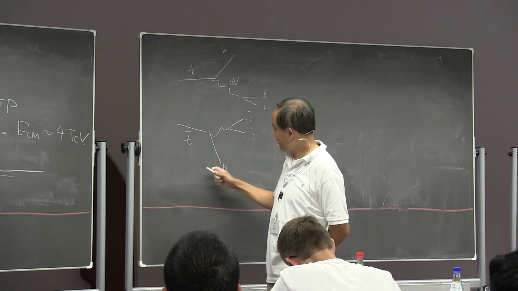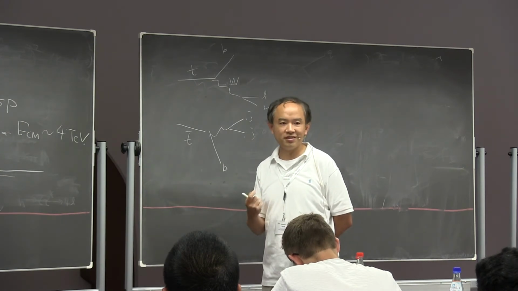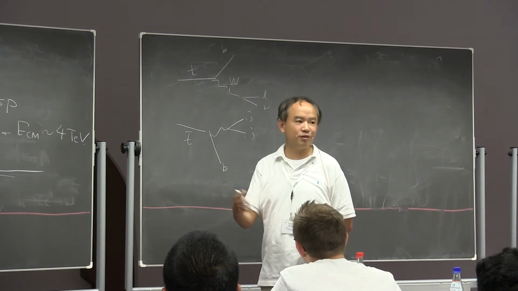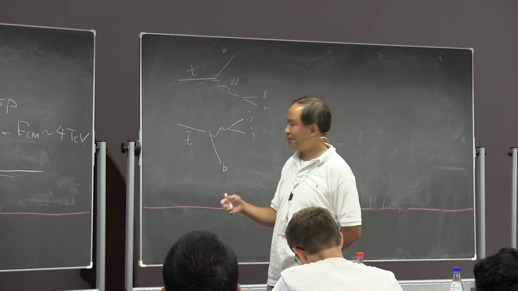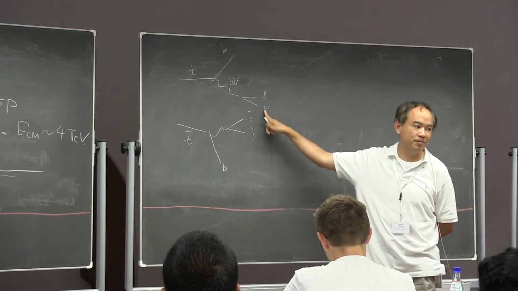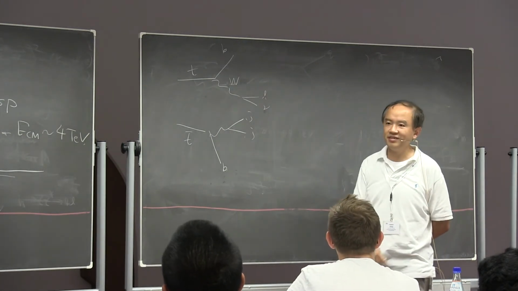You say, wait a minute, I can tag B's. Yes, that's true, but you can only tag B's with certain efficiency. There's still an order one fraction of the events that you don't tag as a B, for whatever reason. You just call it a jet, and you have missing energy here too. Yes, you have a lepton, but you can miss it.